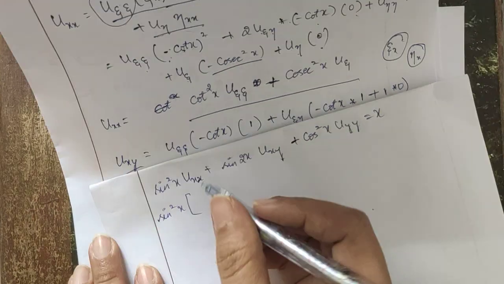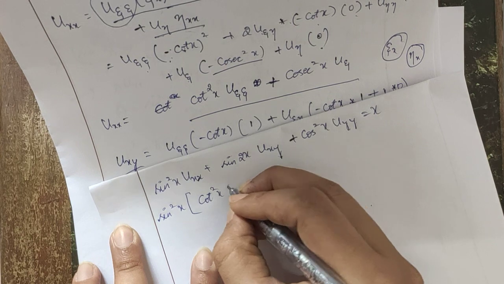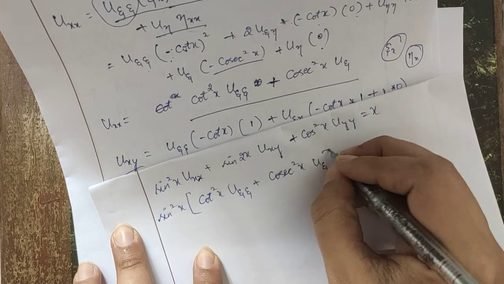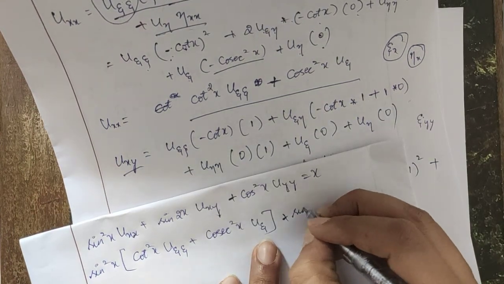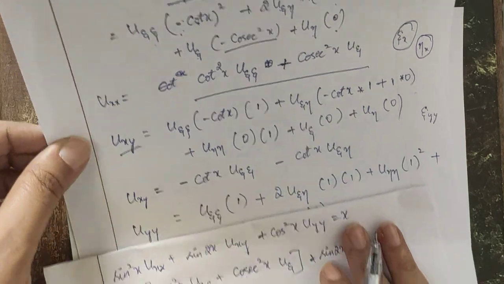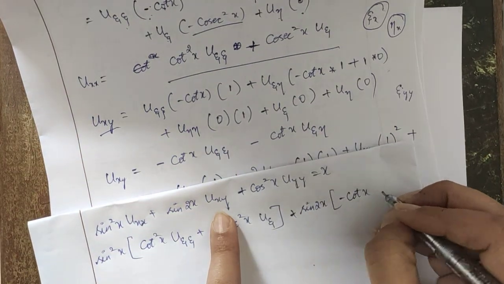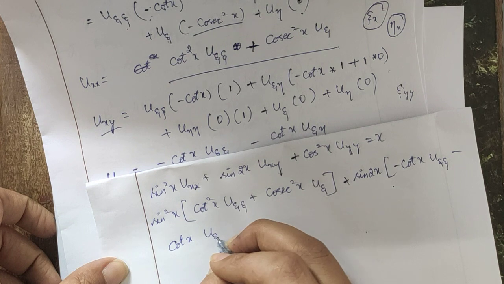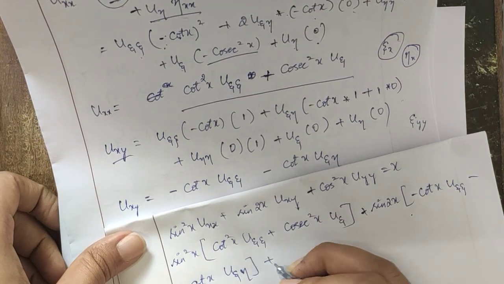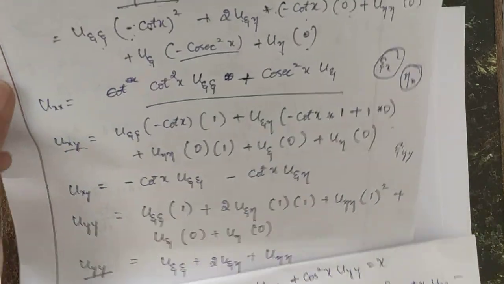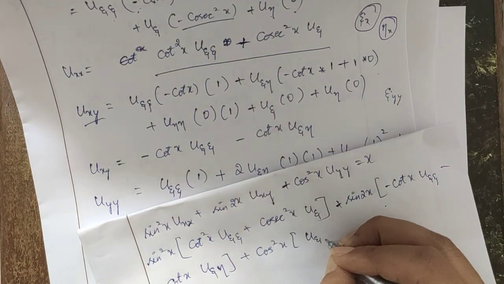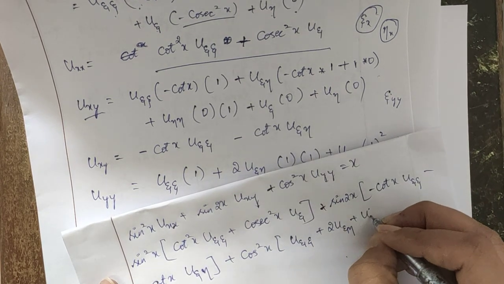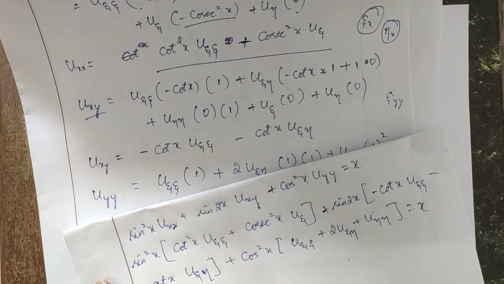Sin square x into u xx is cot square x u xi xi plus cosecant square x u xi, plus sin 2x into u xy is minus cot x u xi xi minus cot x u xi eta, plus cos square x into u yy, that is u xi xi plus 2u xi eta plus u eta eta, this is equal to x.